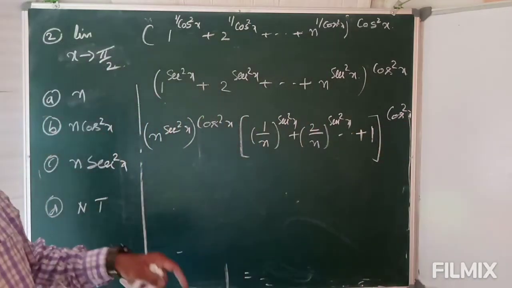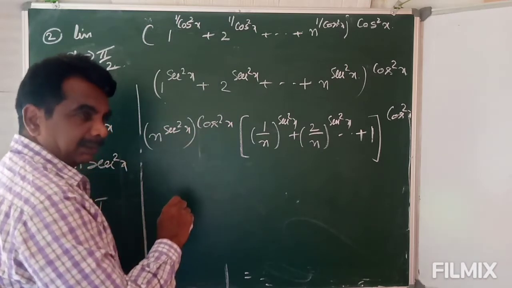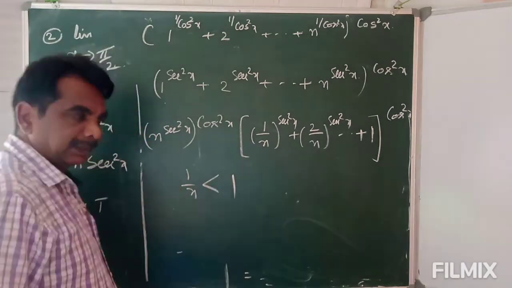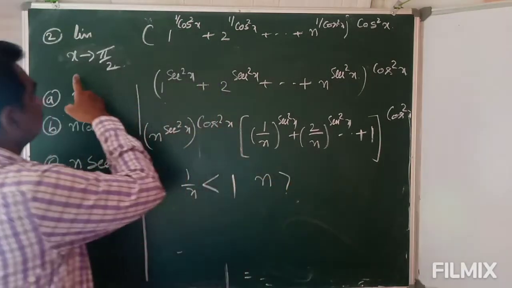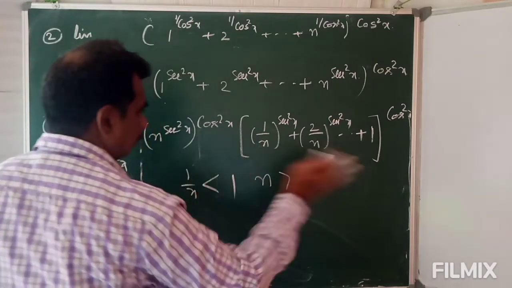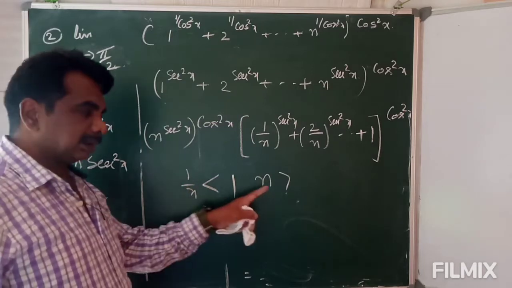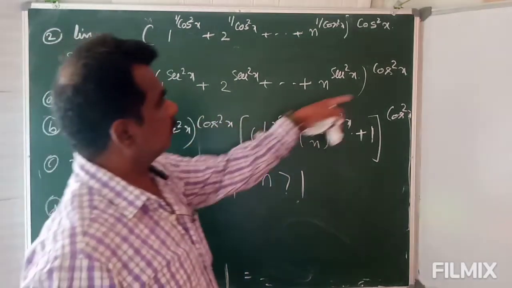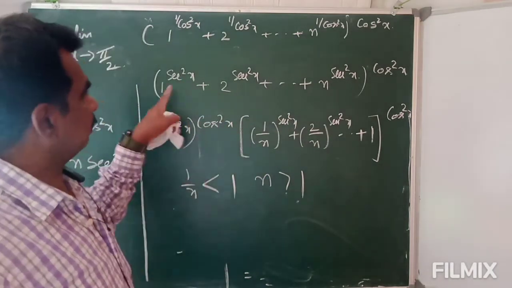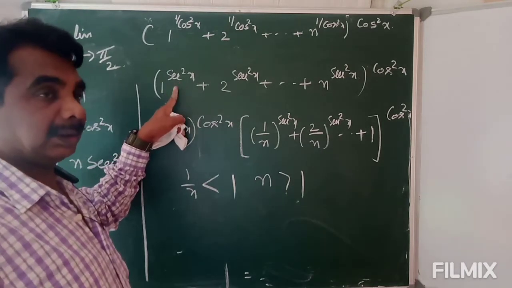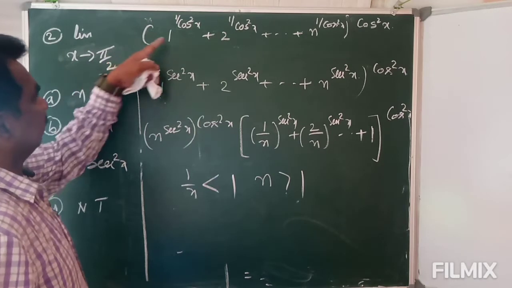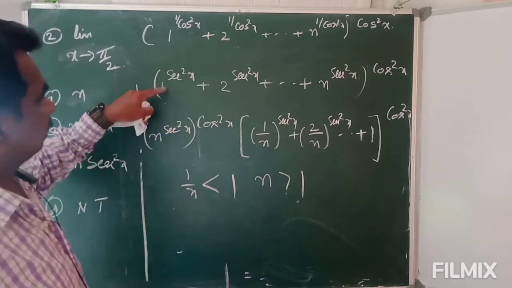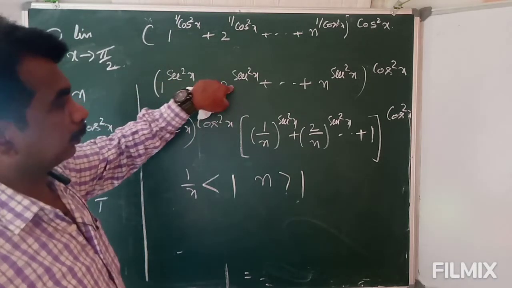This is always less than 1, notice. n is greater than 1 because n tends to infinity, so 1 by n is less than 1. As the limit extends to pi by 2, secant pi by 2 is infinity. Therefore 1 power infinity plus 2 power infinity up to so on.